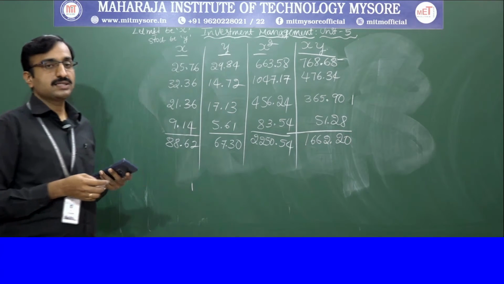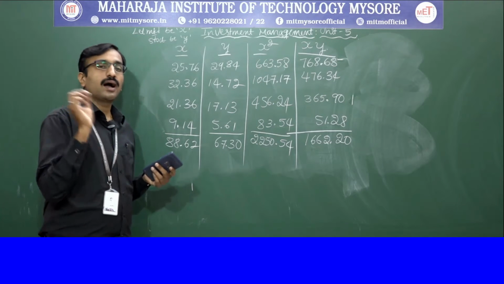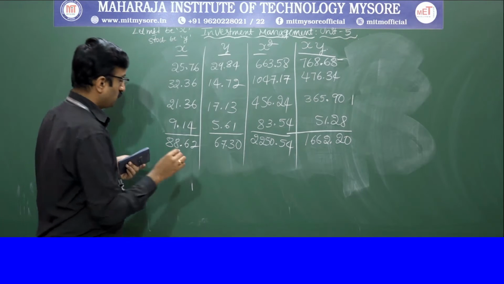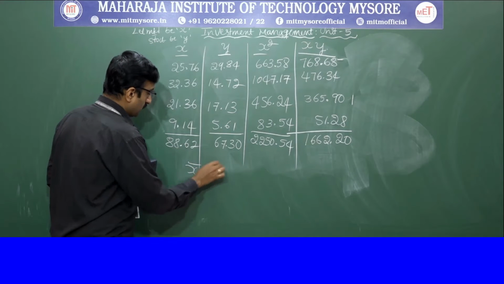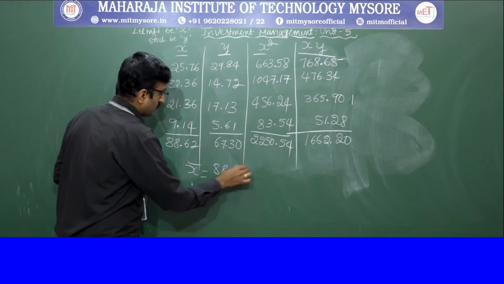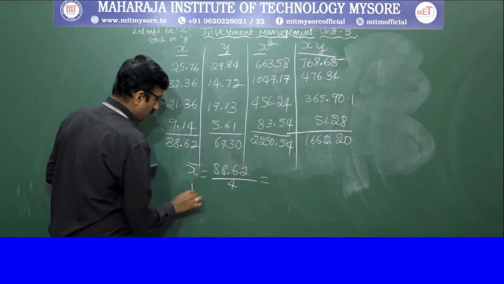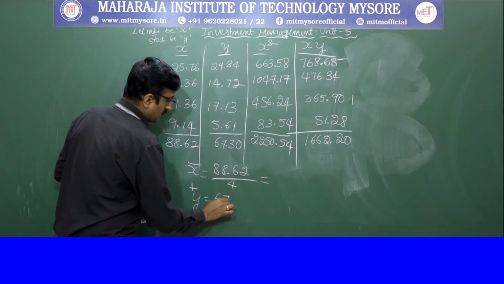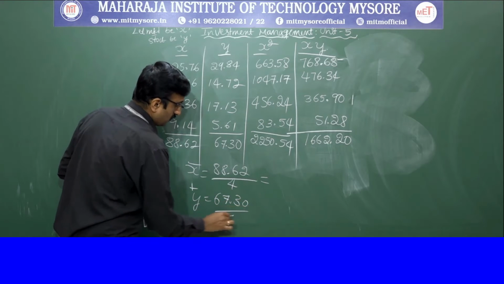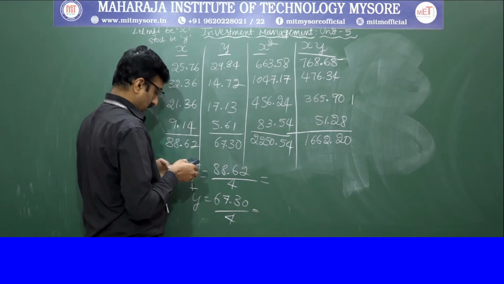So after this you find out X bar and Y bar. X bar is equal to sigma X, 88.62, divided by n, n is equal to 4. Then Y bar you do 67.30 by 4.